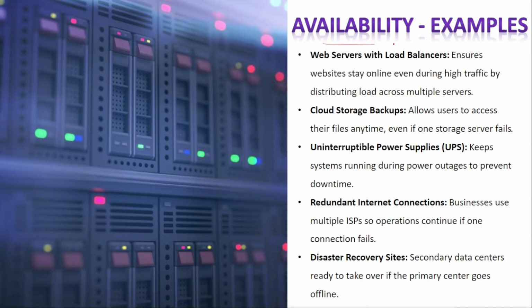So availability example. The first one is web servers with a load balancer, which ensures websites stay online even during high traffic by distributing load across multiple servers. So what does this mean by load balancer and web servers? Let's suppose here we have multiple servers. For this example we have three web servers, and this is the load balancer.